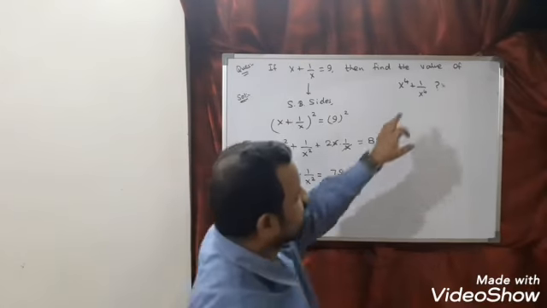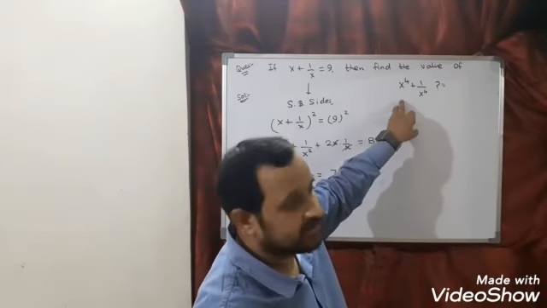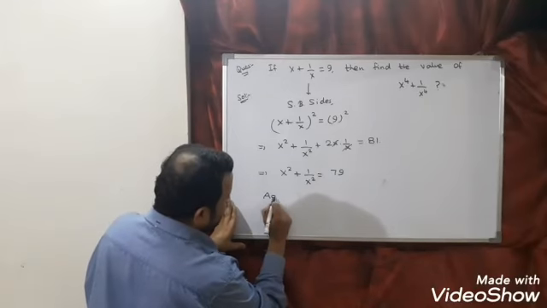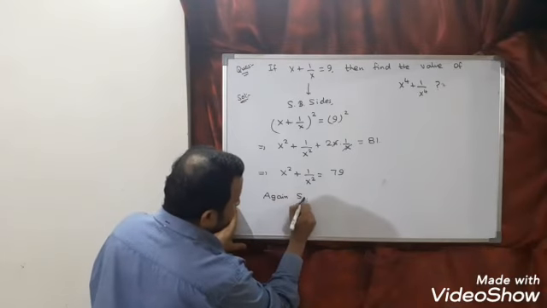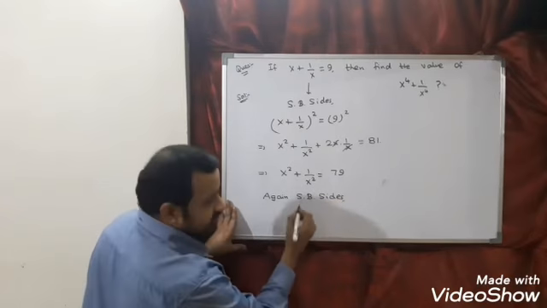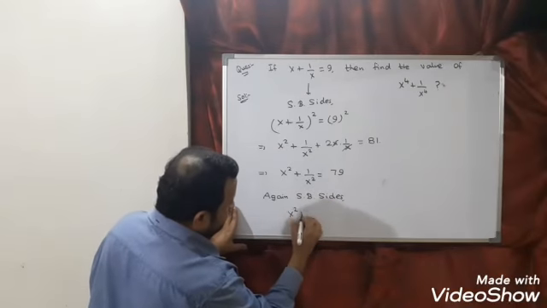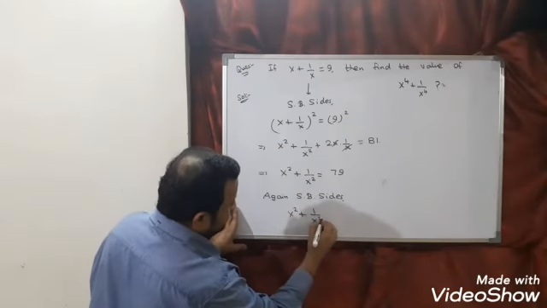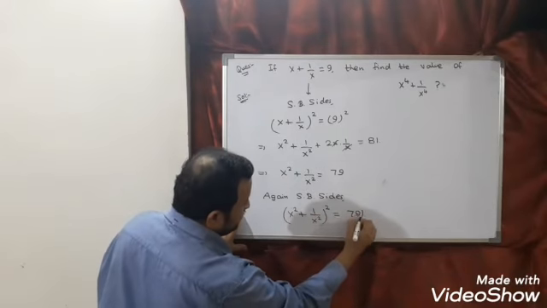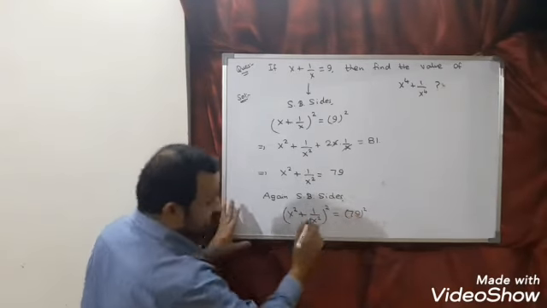But the question wants x to the power 4 plus 1 by x to the power 4. So again I am squaring both sides. x square plus 1 by x square whole square is equal to 79 square. Expand this.